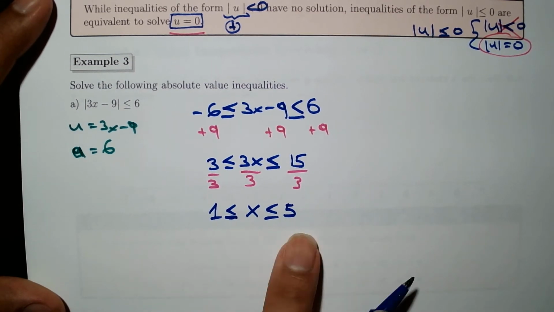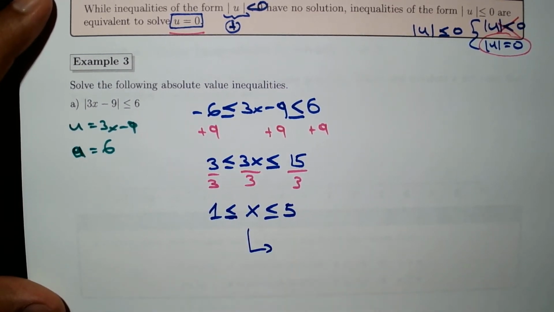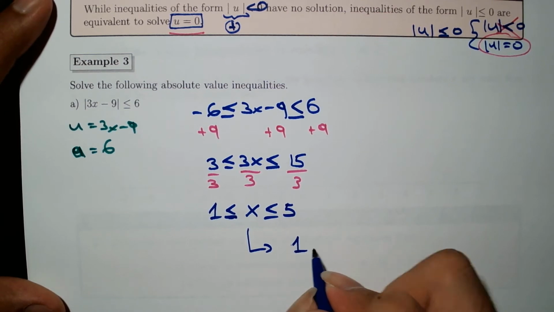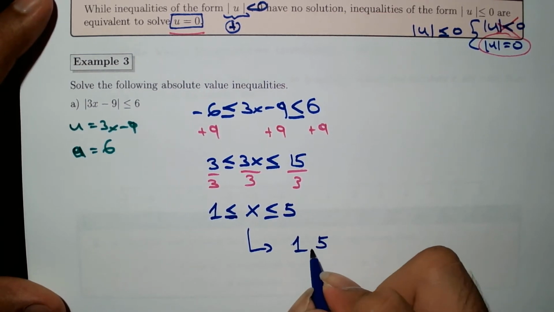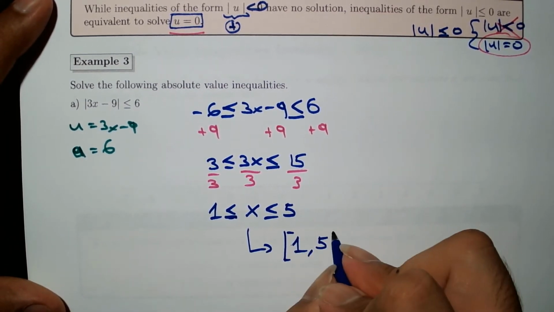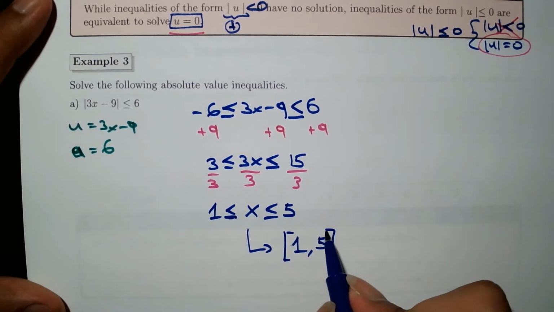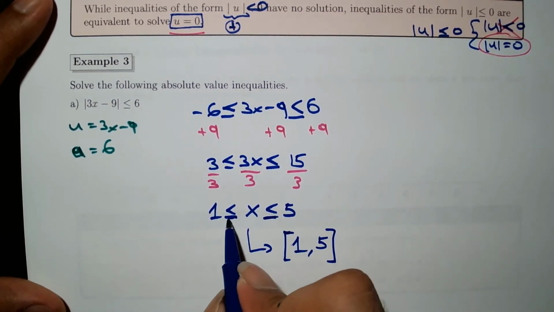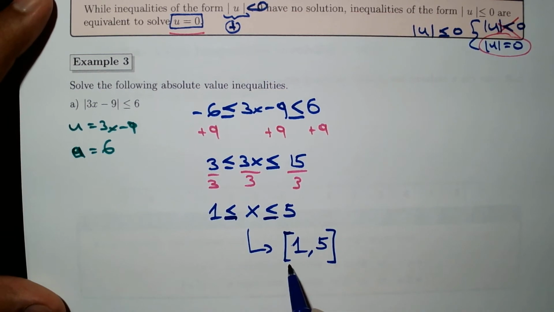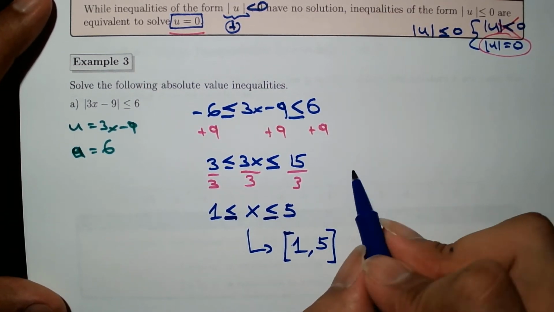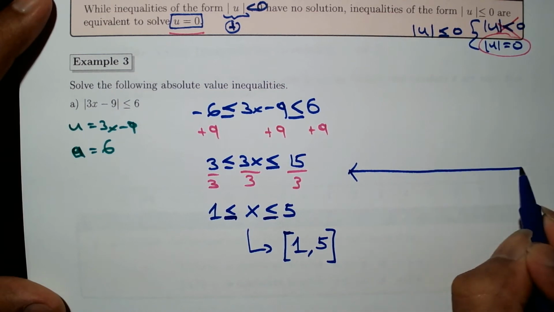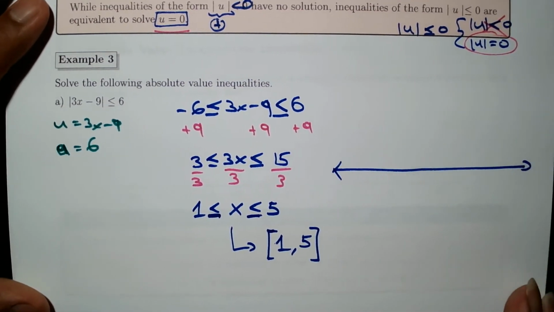So that's the solution that we need to write using interval notation. It goes from 1 to 5, but we are going to put brackets because the inequality symbols involve the equal sign, so the brackets are inclusive. Okay, and if we want to illustrate this using a number line, because most likely in the homework that'll be the case.